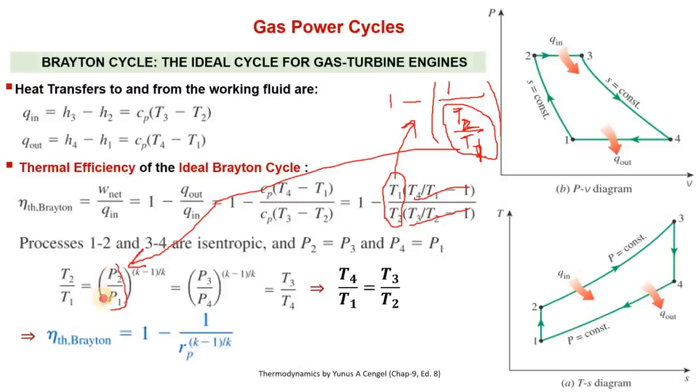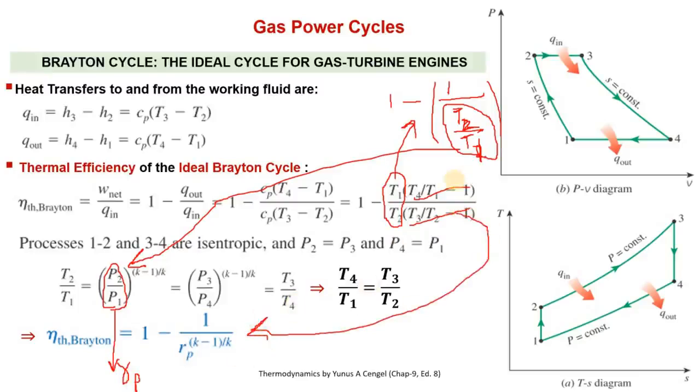And this P2 over P1, which is the pressure ratio, the rise in pressure in the compressor, is represented by Rp. So that's why this equation changes to this equation.